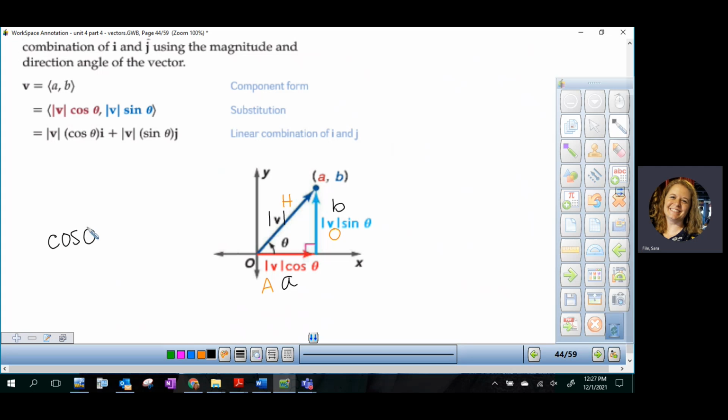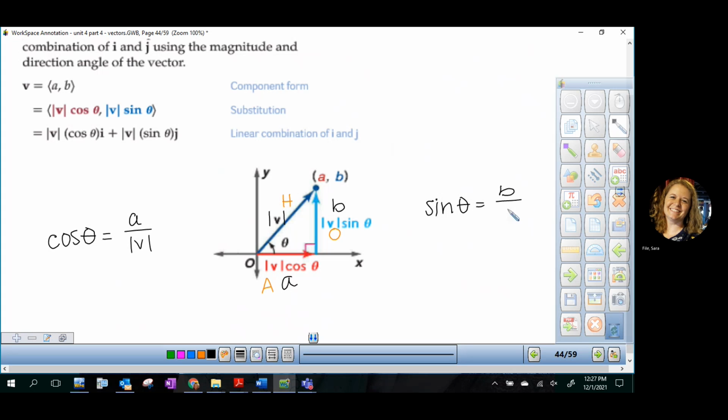So I could say cosine of theta is the adjacent over the hypotenuse, so that would be A over the magnitude of V. And I could say that sine of theta, which is O over H, would be B over the magnitude of V. If I wanted to solve for A and B, I would just need to multiply that magnitude of V over, right?